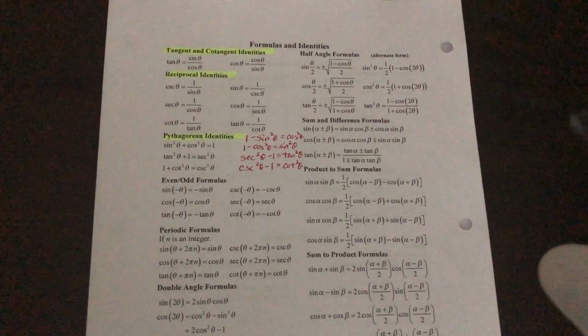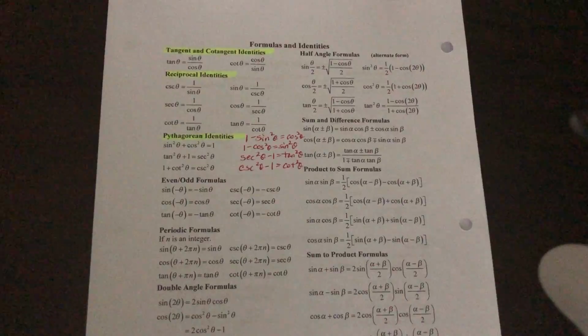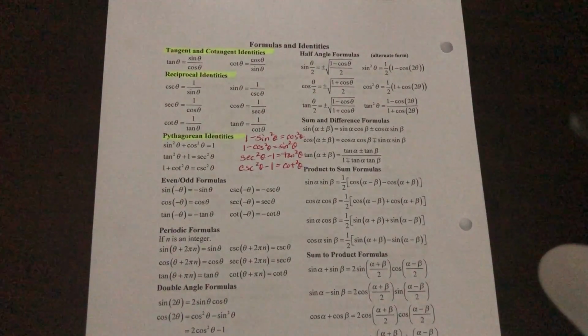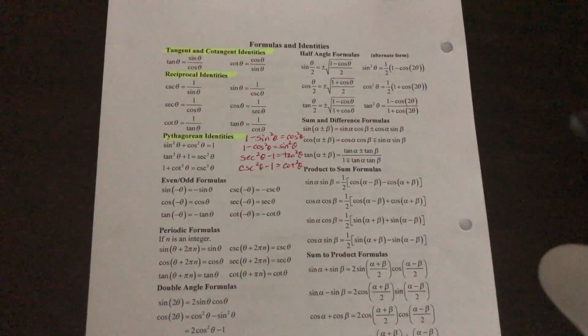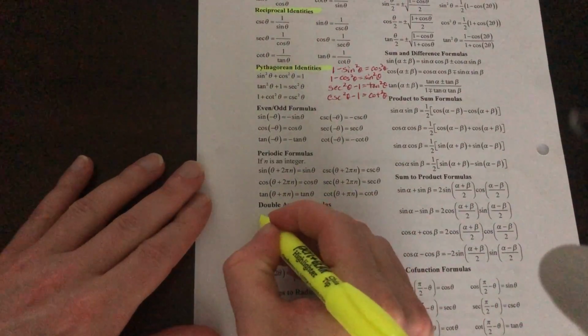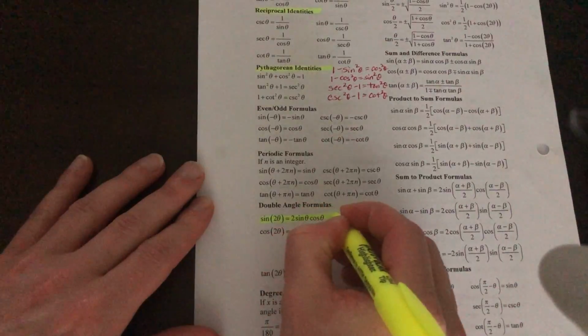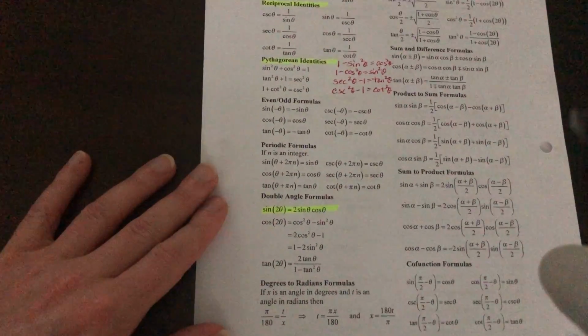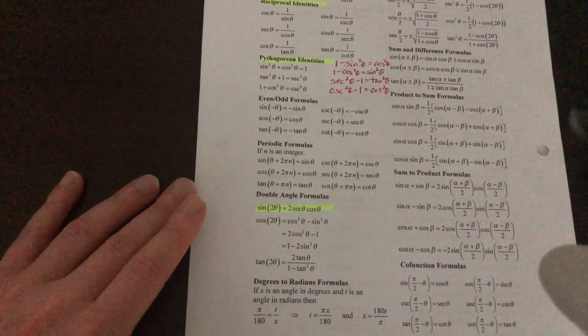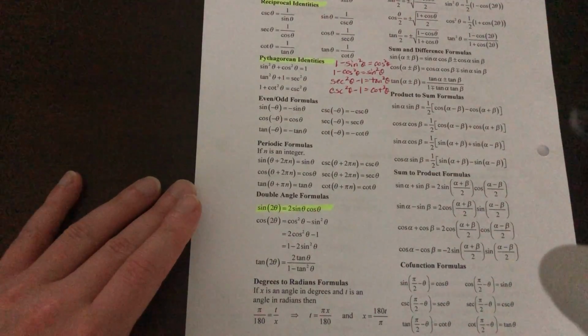You should know that tangent is sine over cosine by the end of this. You should know sine squared plus cosine squared is equal to 1. Another one you might see a little bit down the road, we're not going to use it right now, but that one's an important one to make sure you memorize. These are also on your trig chart that we use.